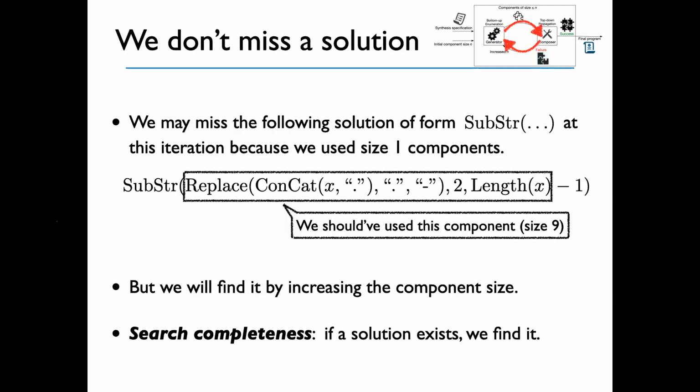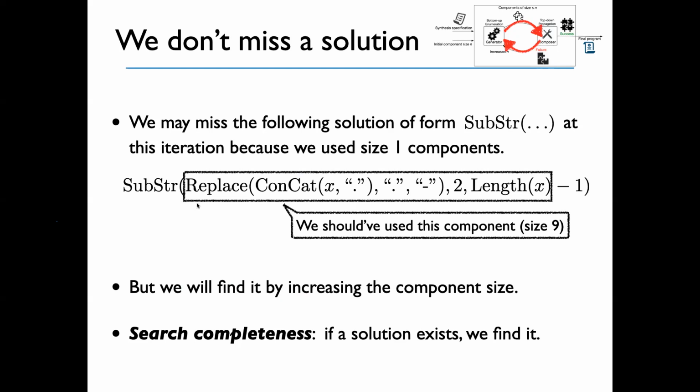At this point, you may be concerned about the possibility of missing solutions. Indeed, we may miss a solution whose top-level operator is a substring at this iteration because the inverse set derived from the component pool C does not contain the output of all possible argument expressions. For example, this expression is such a solution.